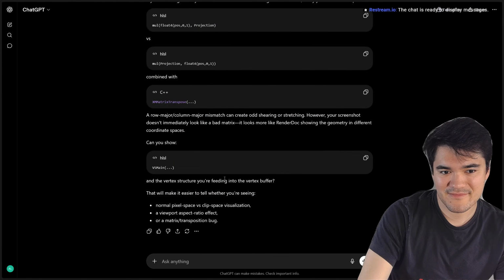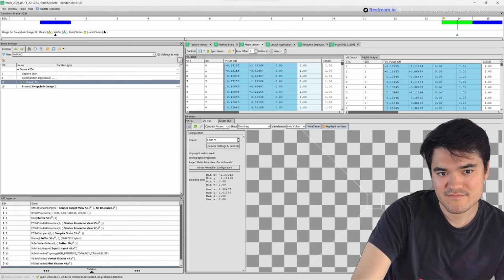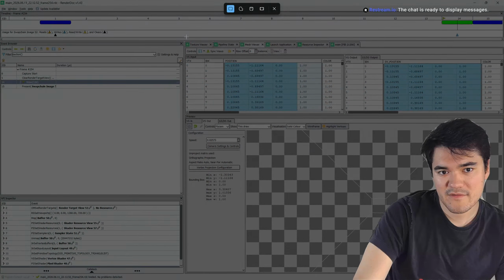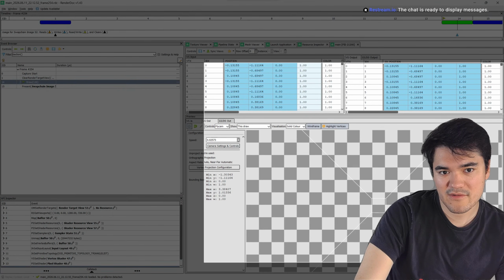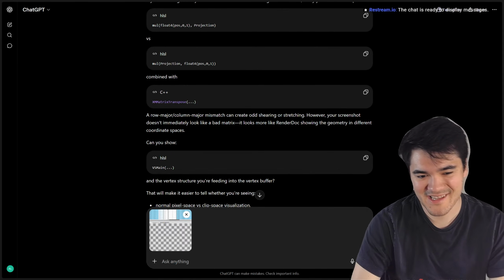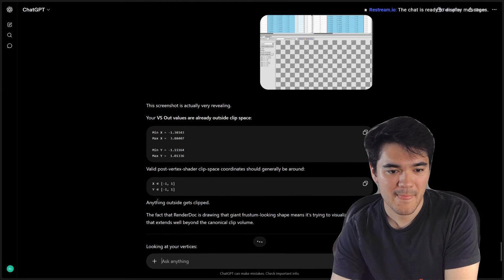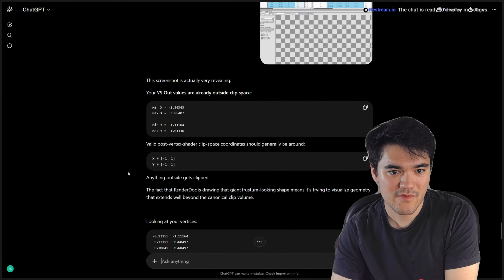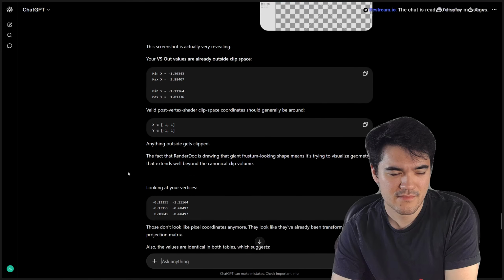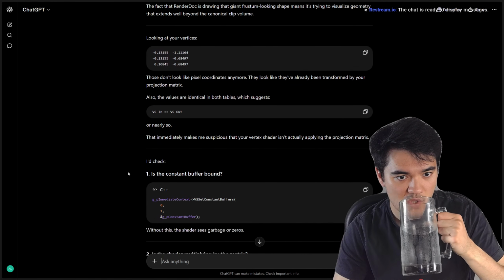If I just throw this whole thing to the AI, will it tell me anything interesting? Your VS out values are outside clip space. Oh, yes.